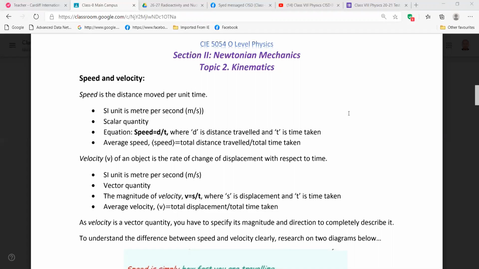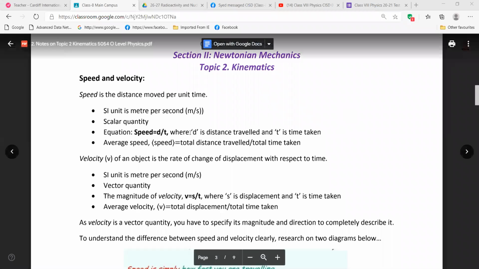Because velocity is coming from displacement, and displacement has a particular direction, that's why velocity has direction. And speed is coming from distance over time, and as distance does not have any direction, only magnitude, that's why speed also does not have any direction. Is it clear, everyone? Yes. So this part is over. I think speed and velocity you are very much clear.